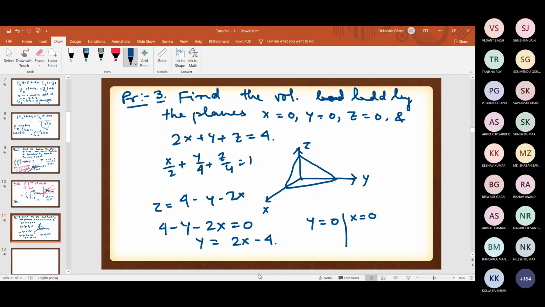To find the range, we consider that x is fixed. So if x is fixed, y has its range from 0 to 4 minus 2x. That is this line.